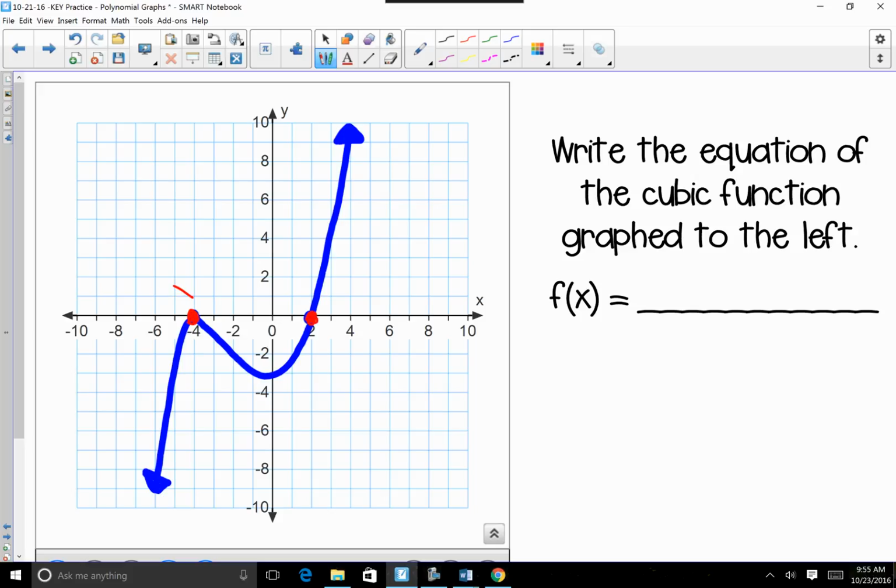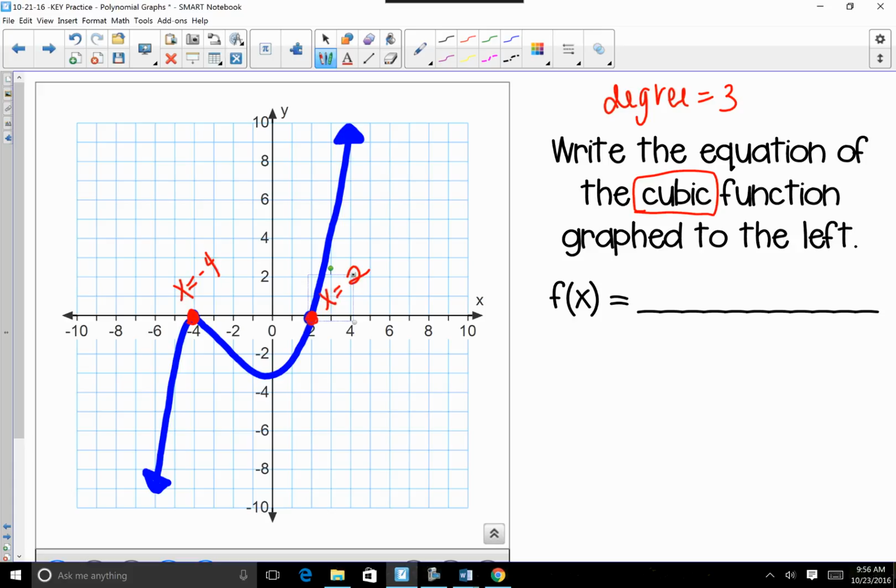I see this value of x equals -4, and I see this value of x equals 2. So this is asking me to write a cubic function. Cubic means that it needs to have an overall degree of 3, right? And the fundamental theorem of algebra tells us that if the degree is 3, the number of solutions that we're going to have is 3. Well, if I look over here, I see 2 on the graph. I see -4 and I see 2.